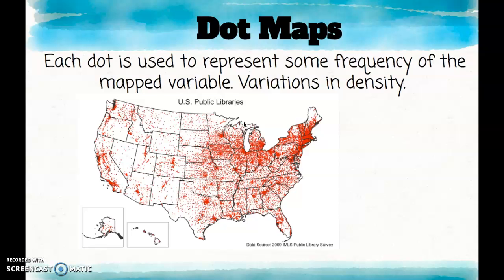And so you can see we've got lots of dots here, and each dot represents some frequency of a variable, right, or feature. And so when this variable is more dense, you can see there are more dots. When this variable is more spread out, you can see there are fewer dots.